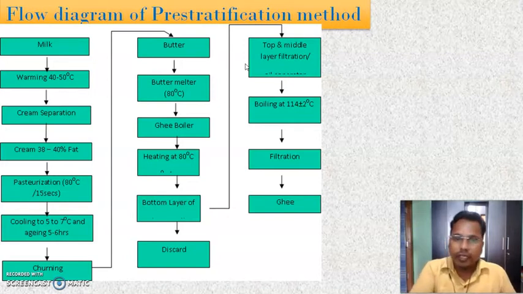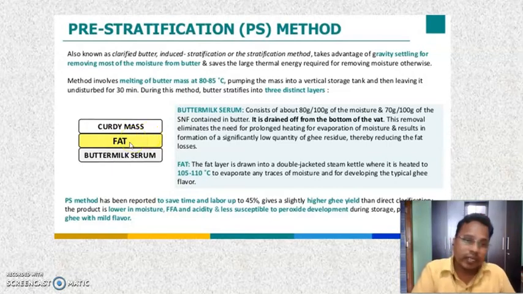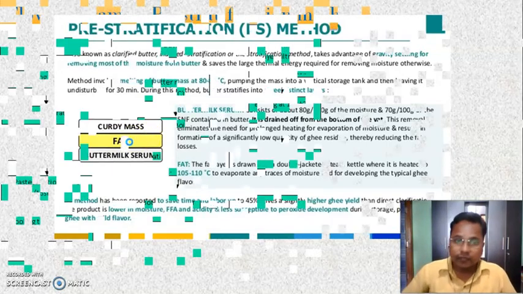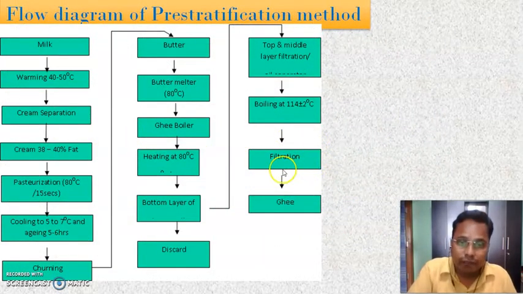And after the boiling, when the boiling process is over, this is allowed for the filtration, and in this way again these two layers, that is the top layer and the middle layer. Top layer we have already seen is of the curdy mass, whereas the middle layer is of the fat, and these are separated by filtration.